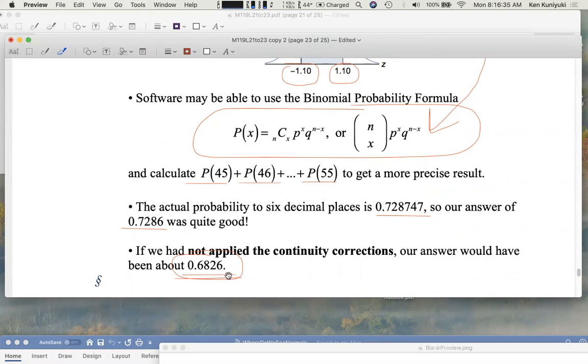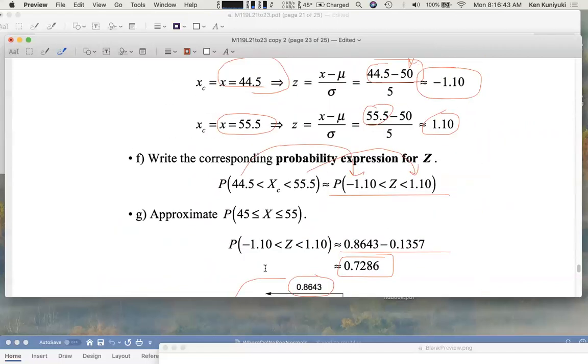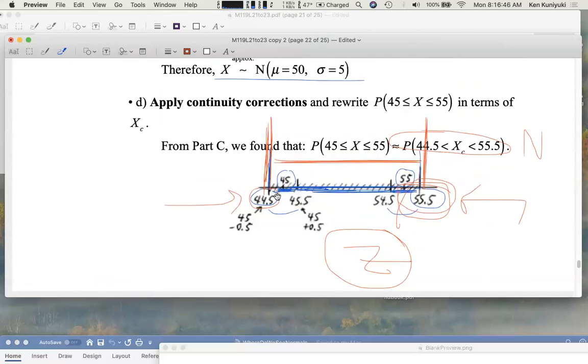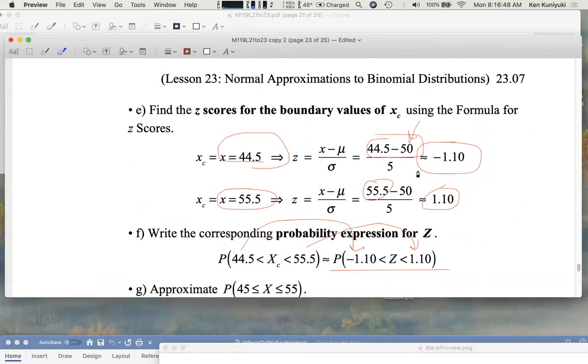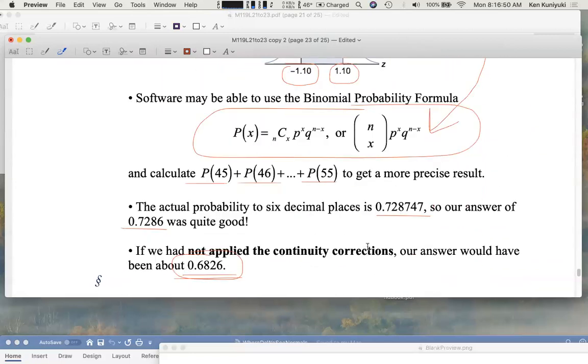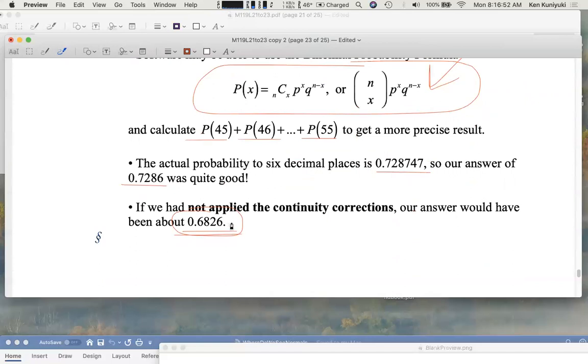Actually, the 0.7286 is for 1.10 standard deviations. 0.6826, hey, if you had not applied continuity corrections, if you had taken z-scores for 45 and 55, you would have gotten z-scores of -1 and +1, and actually, this is the probability of being within one standard deviation of the mean.